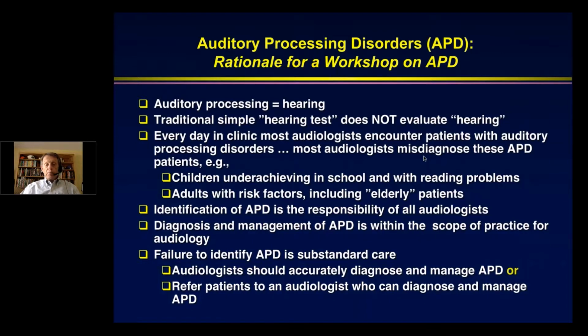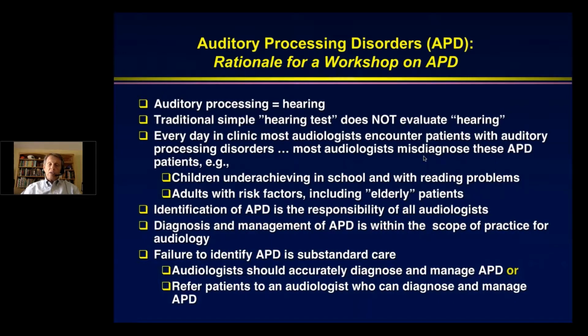Now, another group that audiologists encounter, maybe without realizing it, who have auditory processing disorders are children. And if you're an audiologist seeing children in the clinic, if you see 100 children who come in with complaints about their hearing, or their parents or teachers are complaining about their hearing, you can be sure that a sizable proportion of those children have auditory processing disorders.